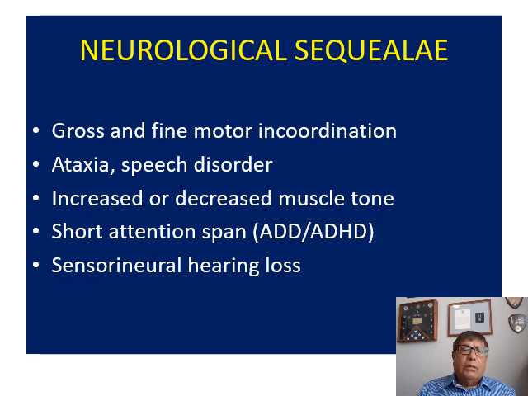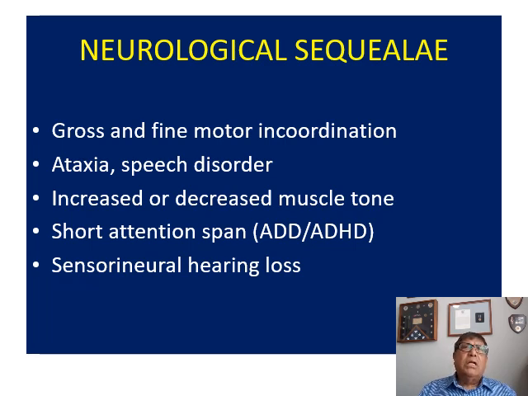Neurological sequelae, if we don't treat them the way it should be, include problems with gross and fine motor incoordination, ataxia, speech disorder, increased or decreased muscle tone, short attention span, ADD and ADHD.